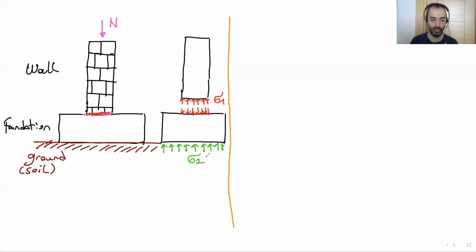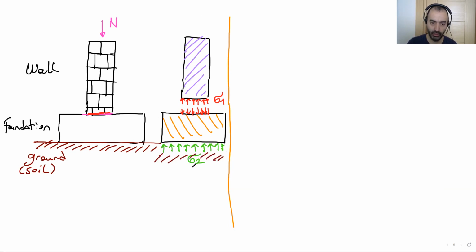Why? Because sigma 2, the sigma 1 is in between wall and foundation, right? Here we have a material. And also here we have another material. This is wall, a brick wall. Here foundation is a concrete foundation. That's okay. But the relation of the sigma 2 is in between foundation and soil.